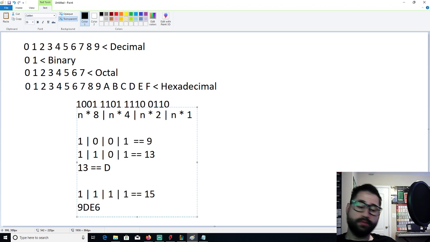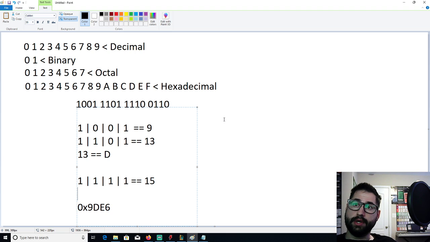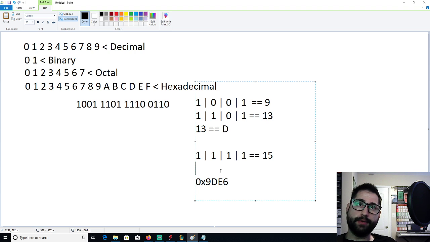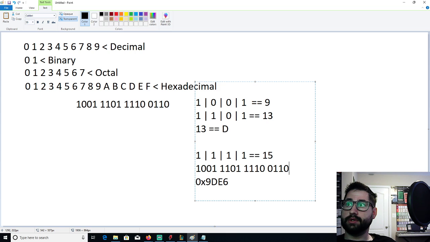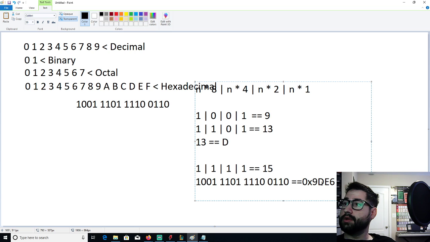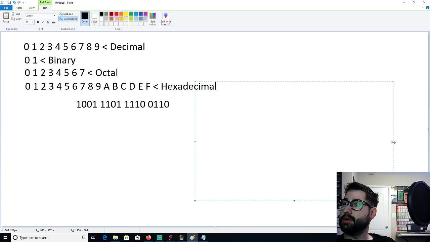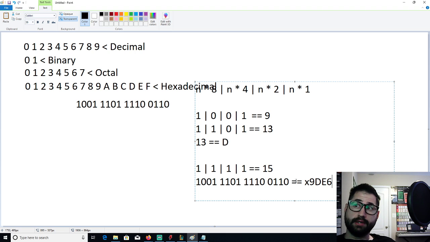So 0x, and I was doing that just so I could show you this is all you can do in your head once you get the numbering systems down. So 1001, 1101, 1110, 0110 equals 9DE6, and this was done without converting to decimal first.